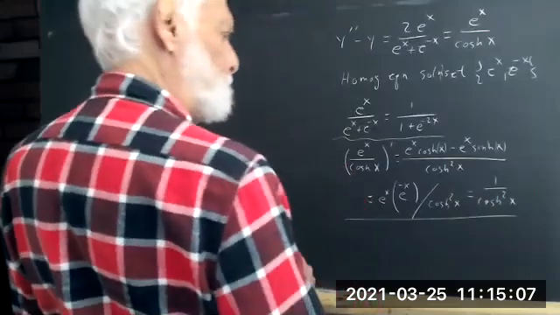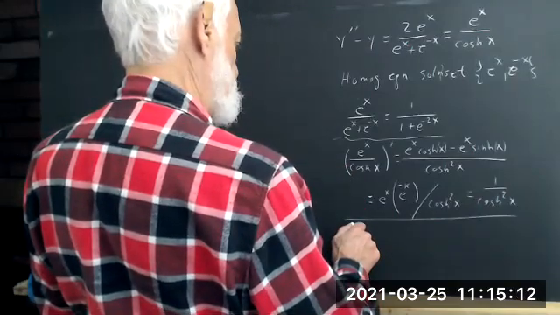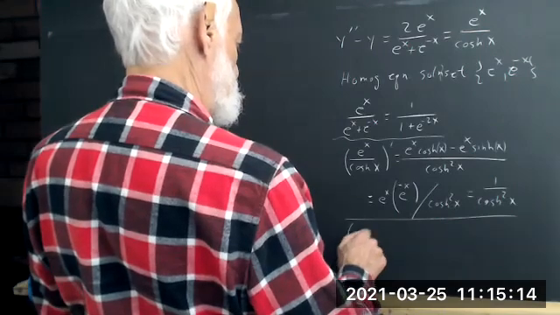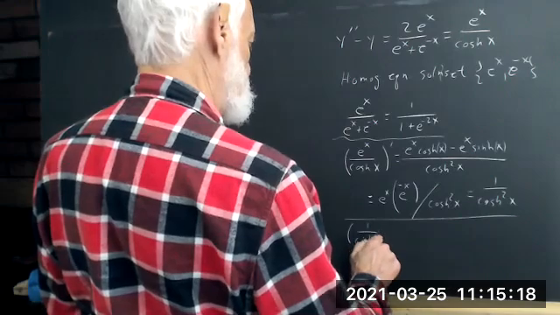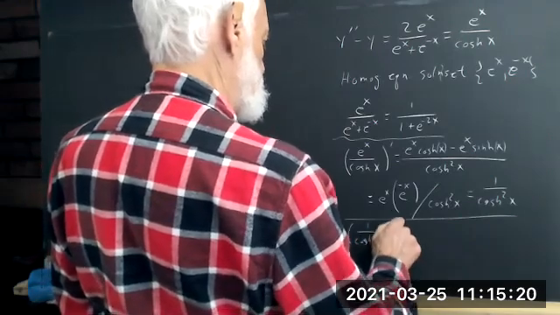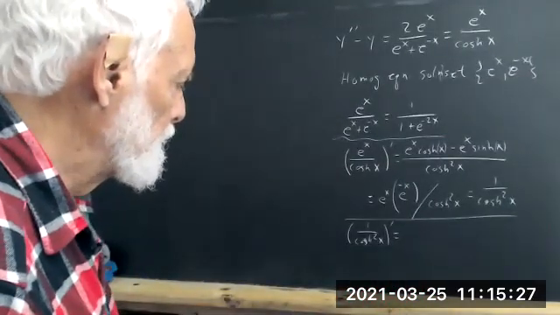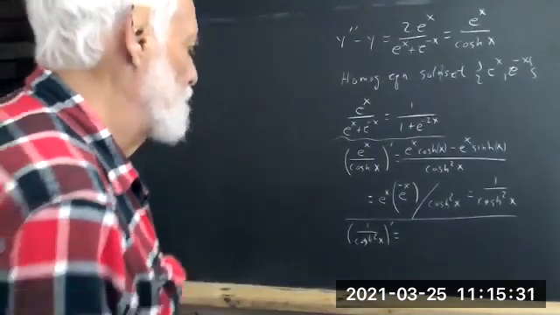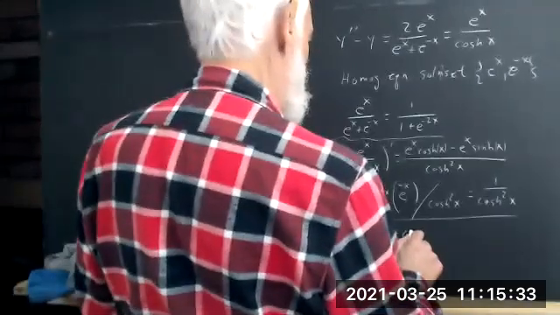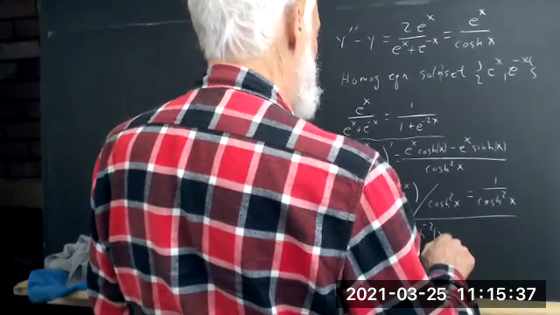Okay, so the derivative of the reciprocal of hyperbolic cosine of x. I could use the quotient rule, or I could write that as hyperbolic cosine to the negative 2.